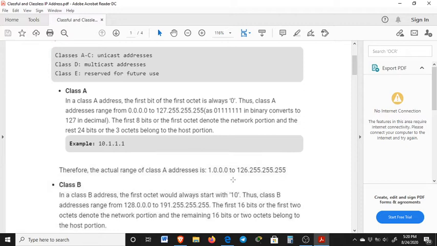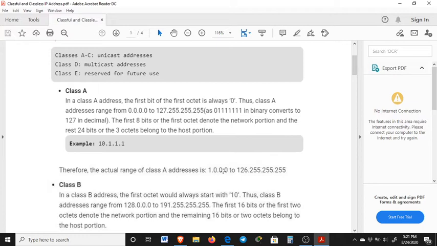If you look at the IP address itself, it has octets. We've got the first octet, the second, the third, and the fourth. Each and every octet equals 8 bits. This is in decimal, but if you represent it in binary, each octet becomes 8 bits.